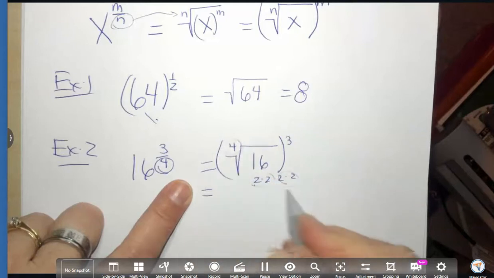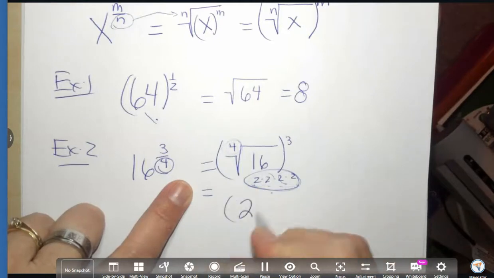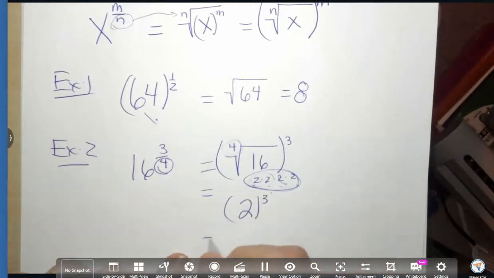And I'm taking the 4th root, so the 4th root of 2 times 2 times 2 times 2 is just 2. And I'm raising that to the 3rd power, and so that gives me 8. So that's one example.